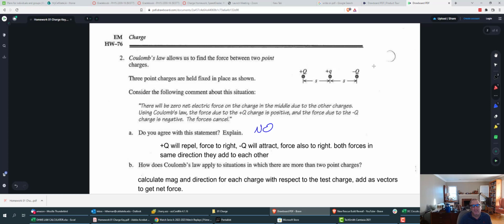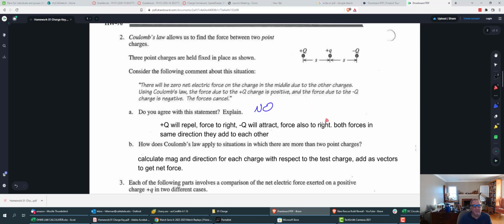So that means that the two vectors are pointed in the same direction, in fact with zero angle between them, so they just add by simple arithmetic: the magnitude of F from the positive Q plus the magnitude of F from the negative Q directly.